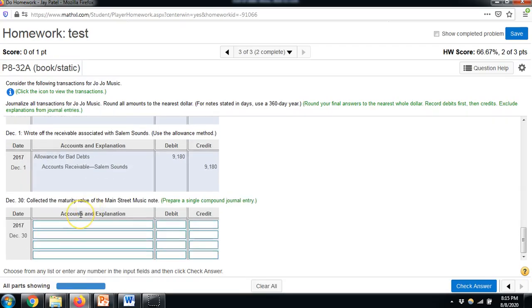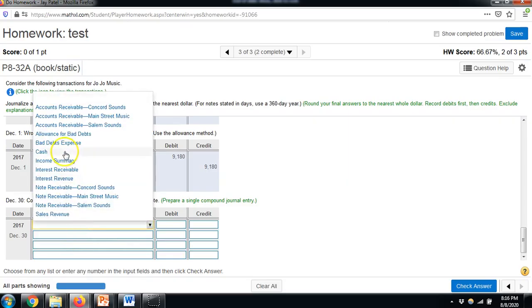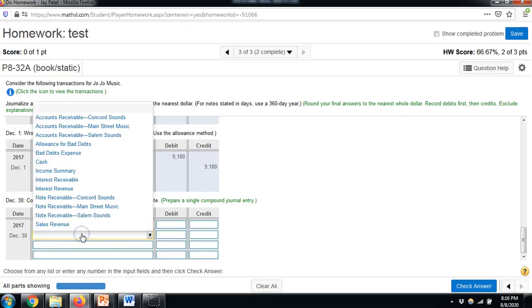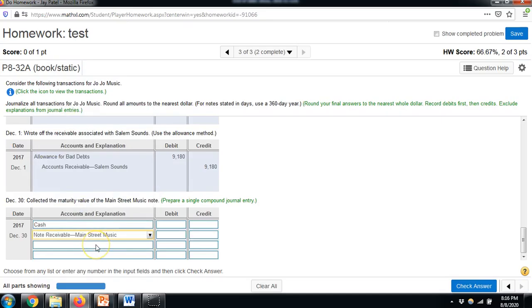Okay, so finally we have collected the maturity value of the Main Street Music note. So again, this is kind of the same kinds of calculations we've been doing. We are going to be collecting cash. We are going to be removing the note receivable from Main Street Music since they're paying it off.